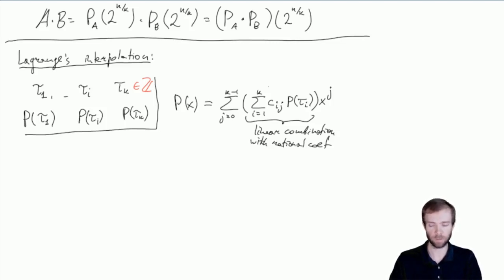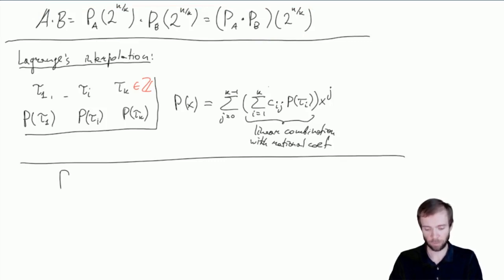So recall that we have this expression, and now we can use the following trick. We need to compute the product of two polynomials, pa of x times pb of x. To do this, we'll perform a multi-stage process. We'll take a set of points, τ1 through τk, and we'll evaluate our polynomials, pa and pb, in all these points.